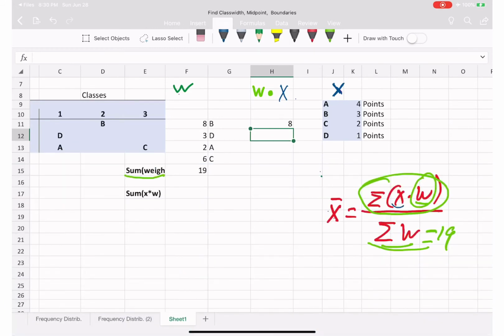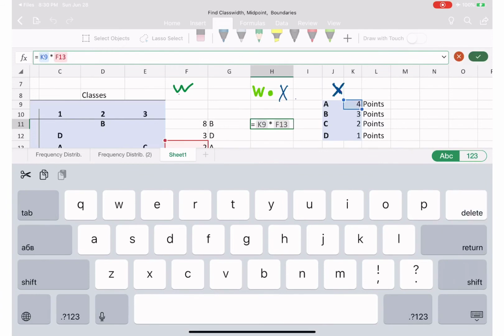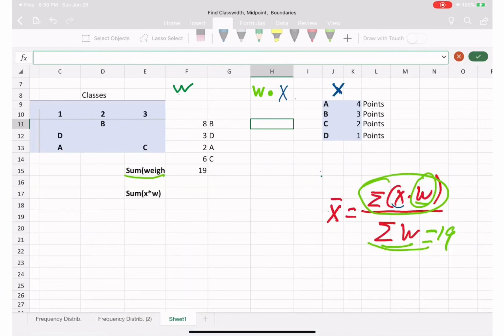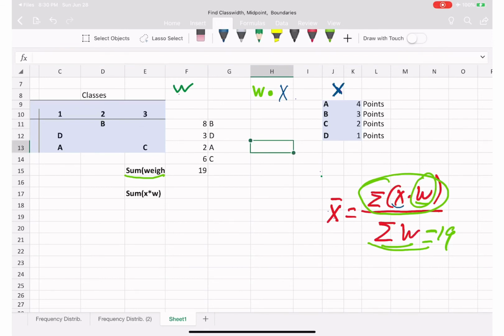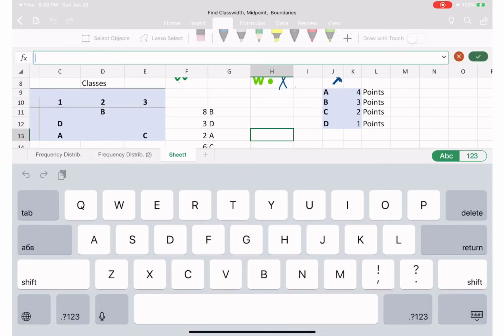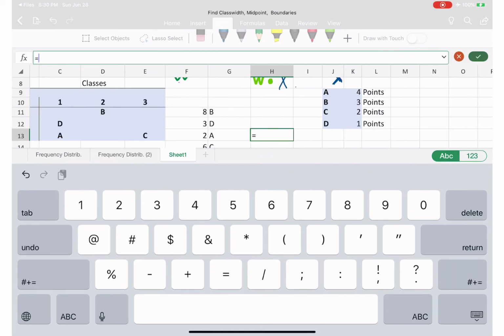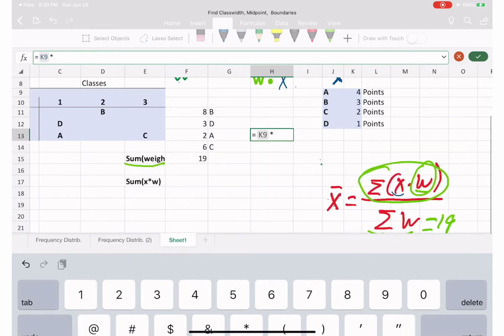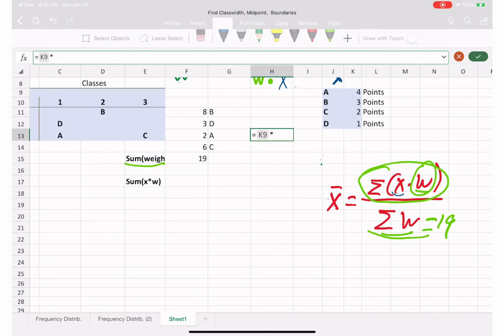Now we are going for B. Where is my B? Let me put everything next to the appropriate grade. So for A, I'm going to write down here because my A is here. So equal sign. So A is 4 and I'm multiplying by 2.